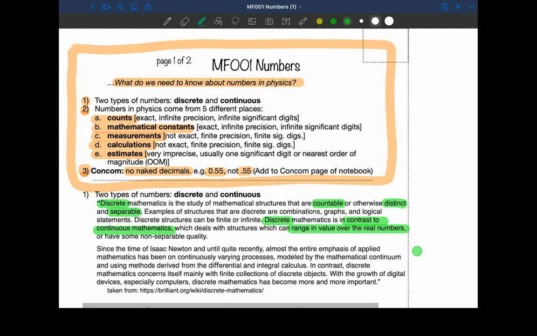The next distinction I would like us to make is that since Isaac Newton, most of the physics we're going to begin using, almost the entire emphasis has been on continuously varying processes. Infinitely subdivisible, continuously varying. In contrast, discrete mathematics deals with finite collections of discrete objects.